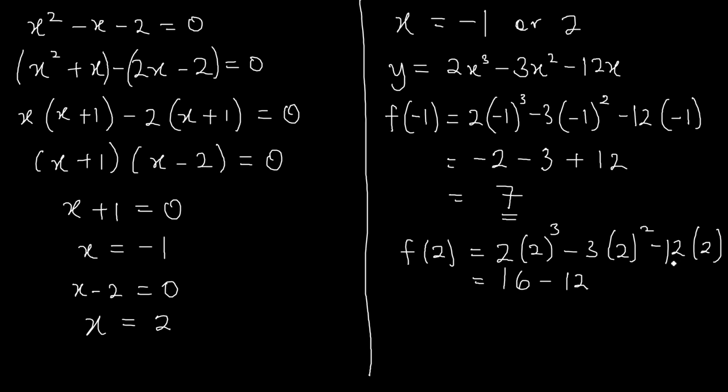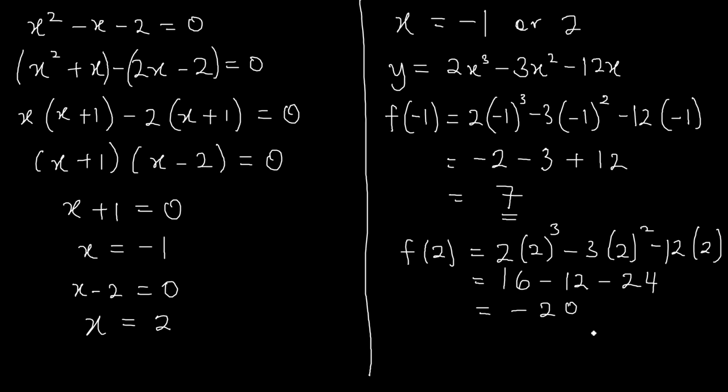Negative 12 times positive 2 gives us negative 24. Now if you do the math, 16 minus 12 gives us positive 4. Positive 4 minus positive 24 gives us negative 20. So when x is 2, y is negative 20.